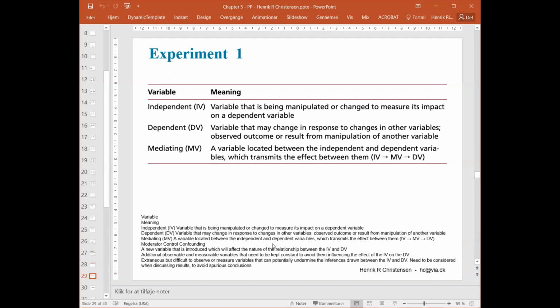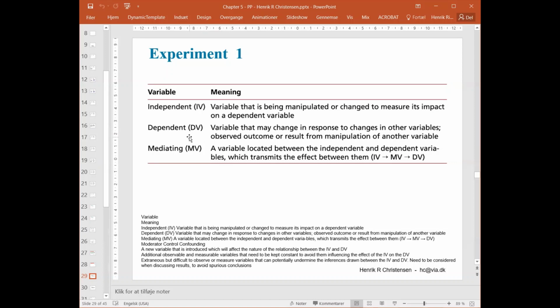And the point here is that when we experiment, we need to have a starting point, and we need to have something that we call a dependent variable. Means that, as you can see here, the dependent variable may change in response to changes in other variables. So the dependent variable is quite important.